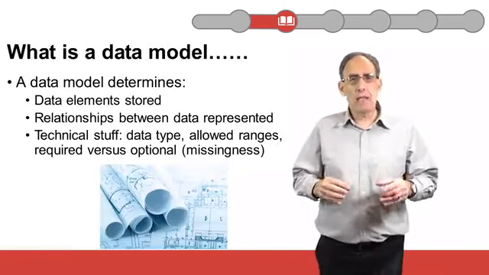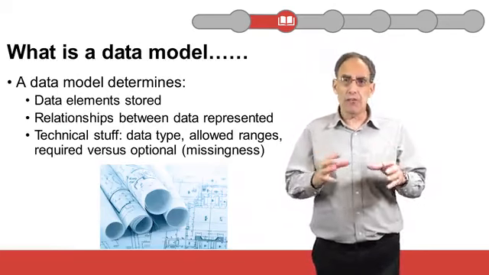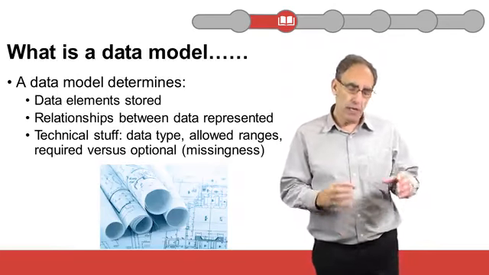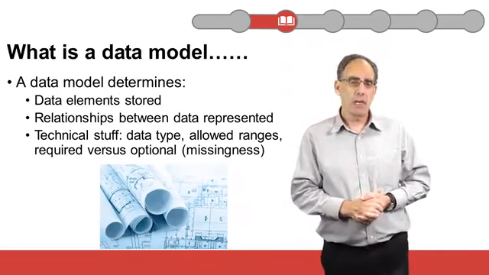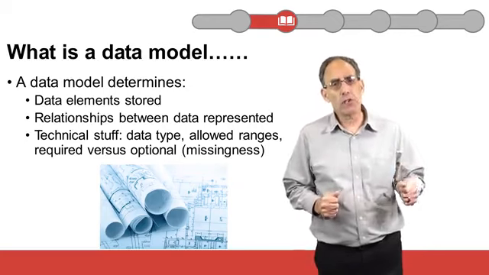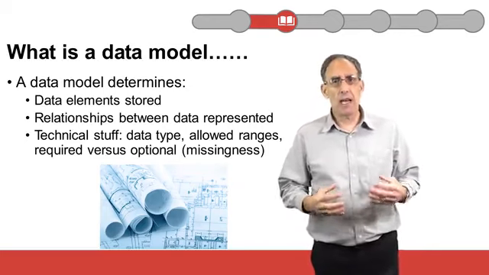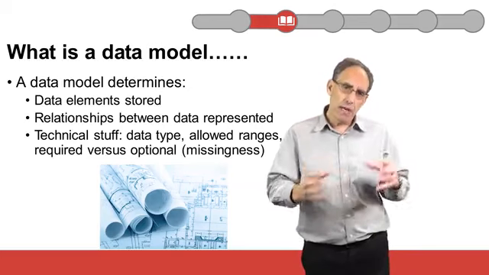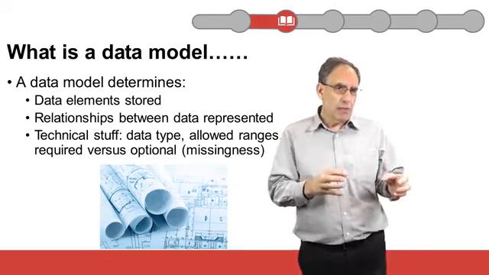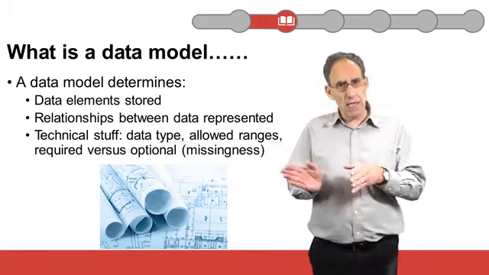A database is an organized collection of electronic data stored and queried in a structured format. A very informal definition of a data model is that it is a document or a diagram that describes the key features of a database.